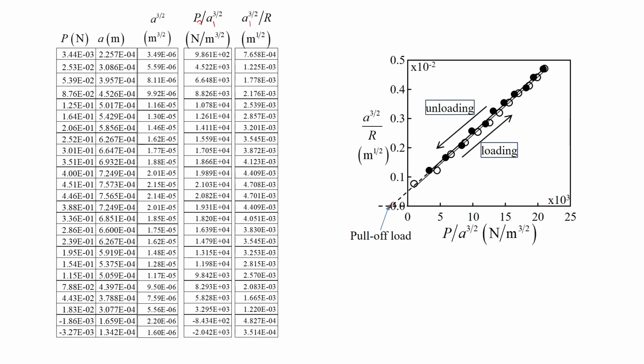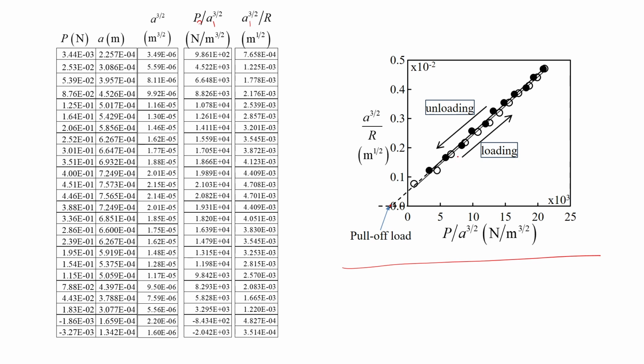You can obtain it in an Excel sheet, or you use some other software, MATLAB and all that, and you see that this data for this particular case falls so nicely on a straight line. As I said, the open symbol is the loading and the filled symbol is unloading, and both the data nicely superimpose on each other, and you get a constant slope for both cases.